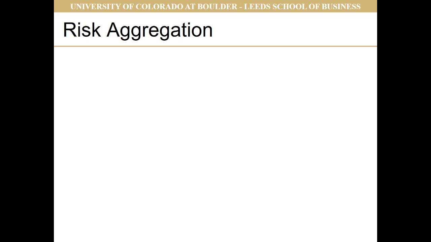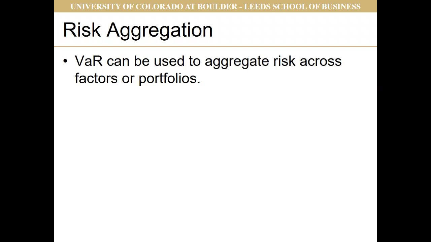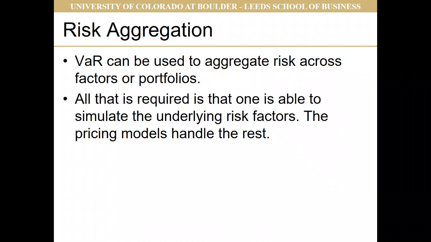How much risk do we have with a combined delta, gamma, and vega position? So value at risk allows me to aggregate risk either across factors or perhaps portfolios. I might have two portfolios and I don't know how the risk in one portfolio either adds to the risk from a different portfolio or those two portfolios offset. I can use my value at risk technique to think about that.